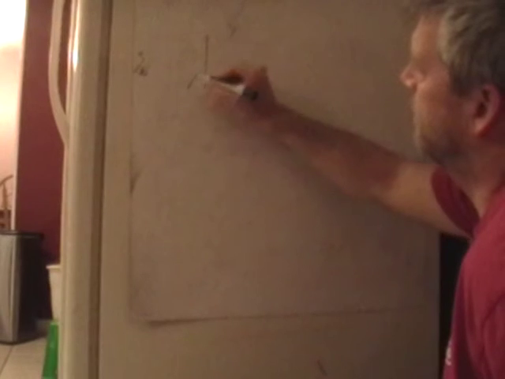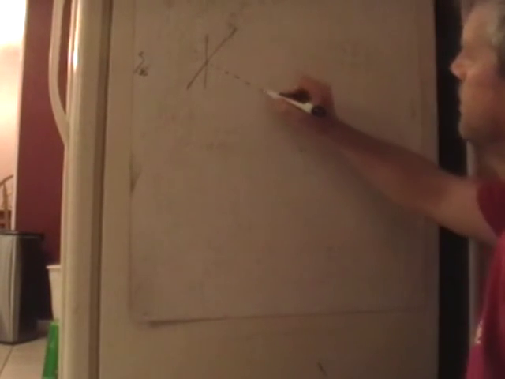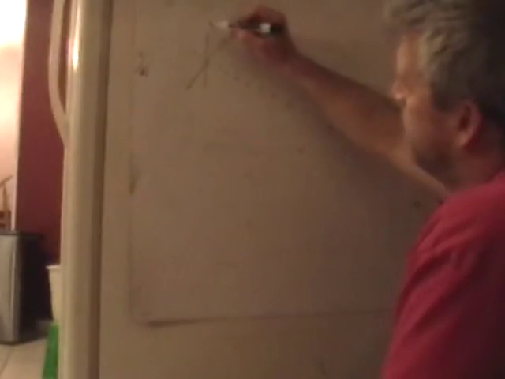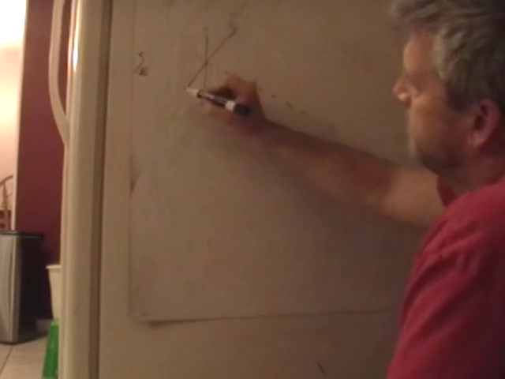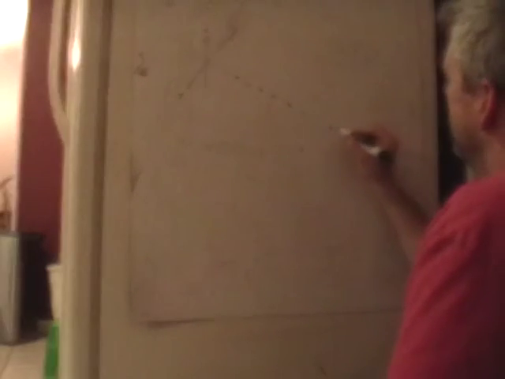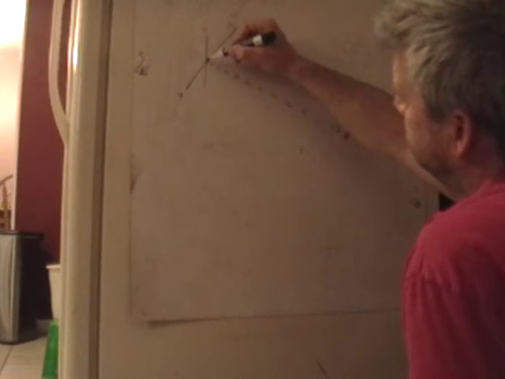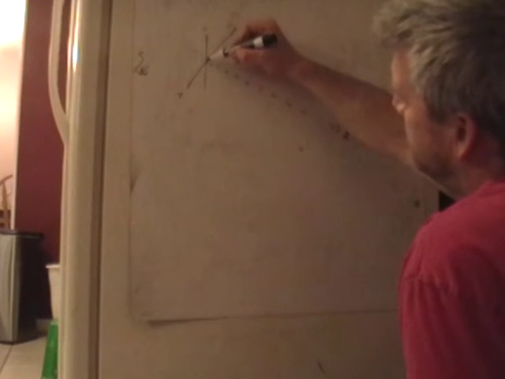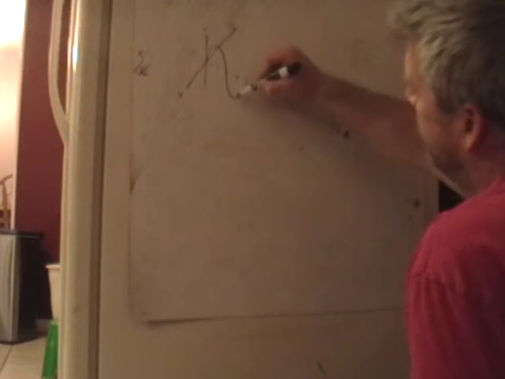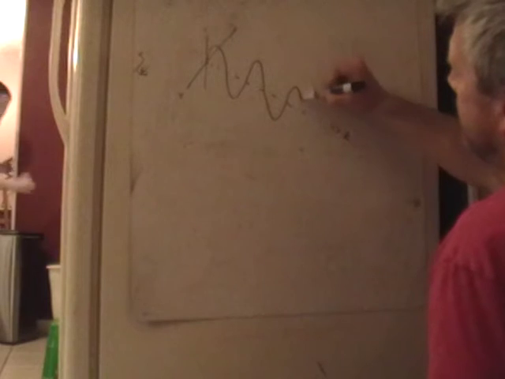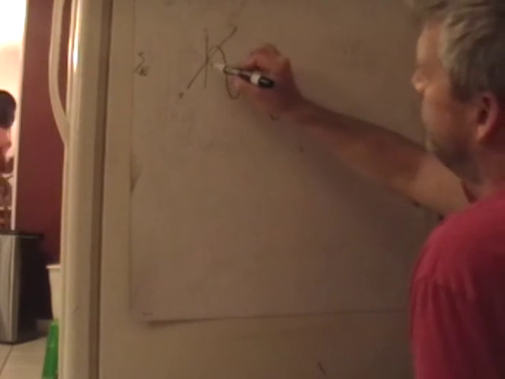if I look at a ray of light, I'm going to call this X, this Y, and this Z. And I'm going to do this. And I'm going to do this.